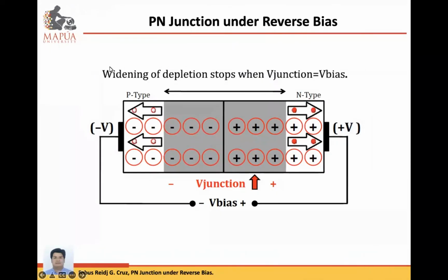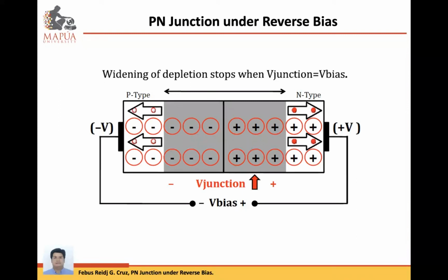So the question is, when will the widening of the depletion region stop? It says here that the widening of the depletion region stops when the internal junction voltage eventually becomes equal to the applied bias voltage. All right?